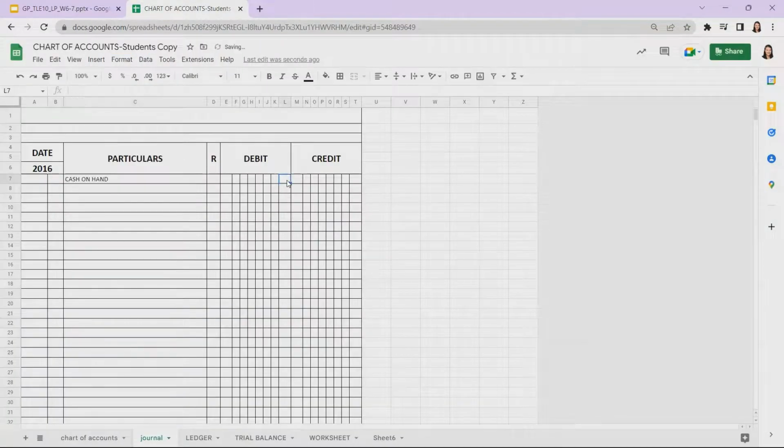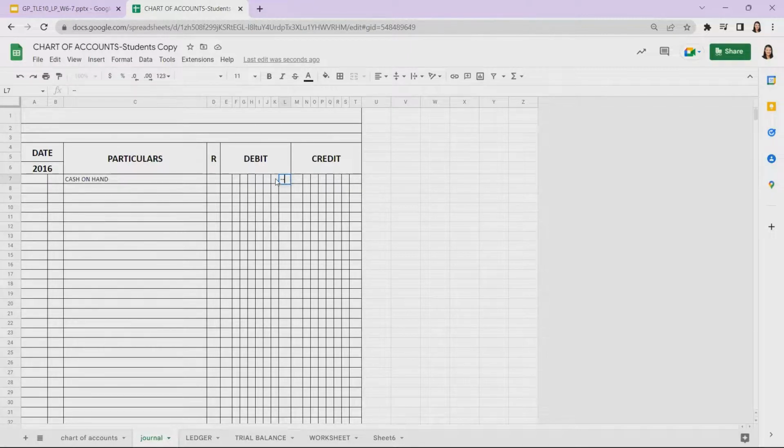So you have to input here 100,000. Pag nagsusulat tayo ng amount, we have to start on the right side. Sa right tayo nag-i-start. Okay? As you can see here, we have a big portion on the amount. This portion is for the centavos. Since wala naman tayong centavos, exact naman yung amount natin, we can write here 00 or we can just input dash.